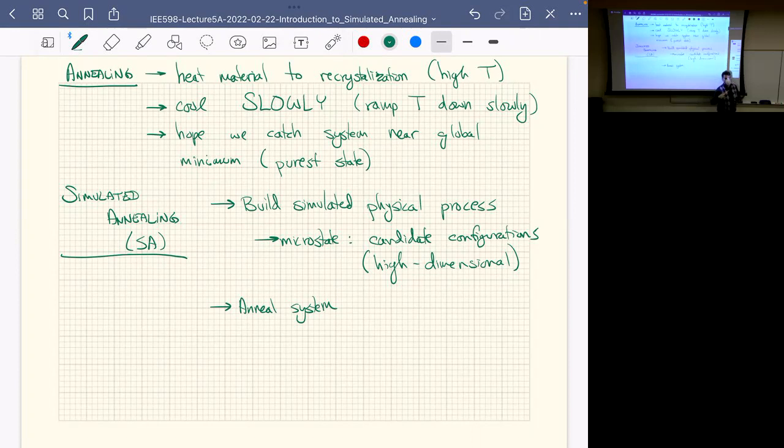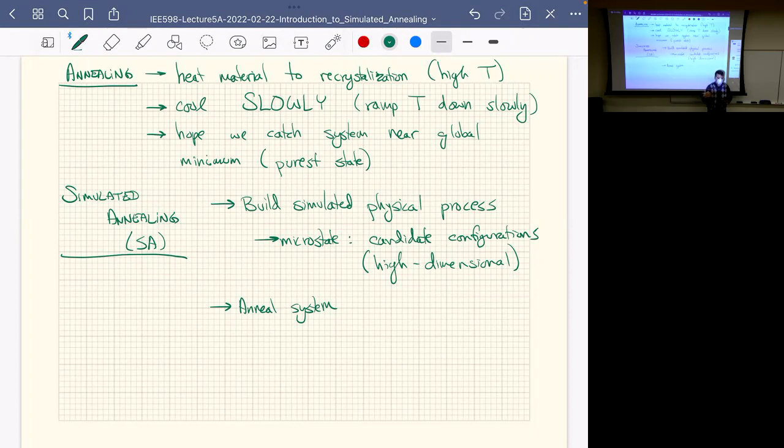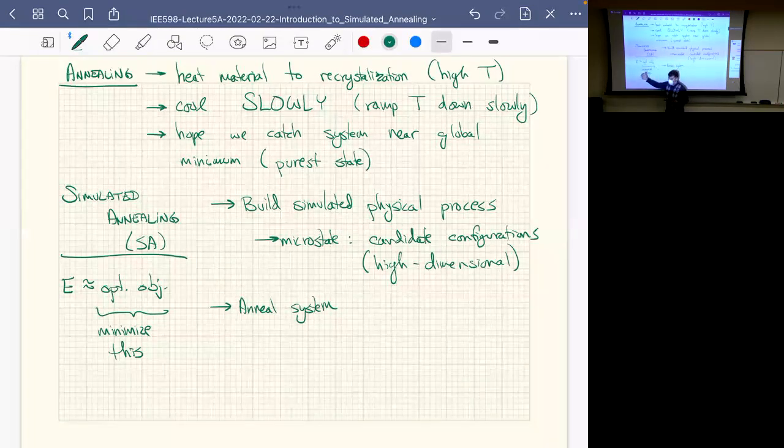If we do the simulation correctly, then they'll hang out in lower energy configurations or minima of our optimization objective. Here I should say the energy is analogous to our optimization objective, where we want to minimize this. So if we anneal the system, it will hang out in local optima, hopefully global optima of the optimization objective, for longer and longer.